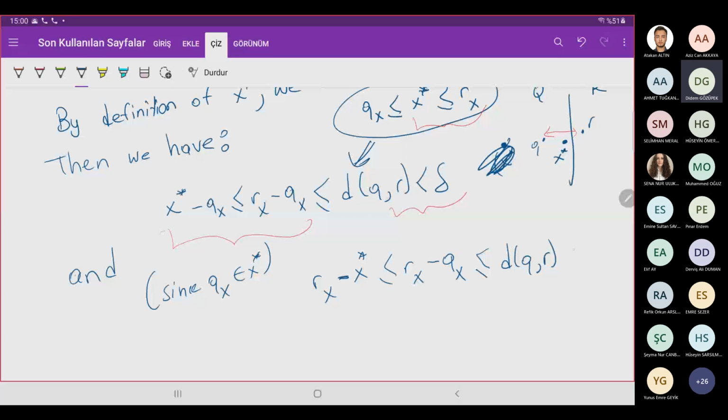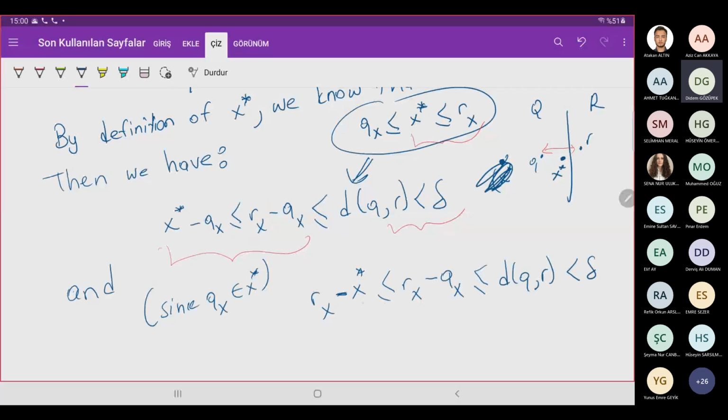Some manipulation: Qx is less than or equal to X star, and that is less than or equal to Rx. So Rx minus X star is less than or equal to Rx minus Qx. Look at the relationship between X star and Qx.